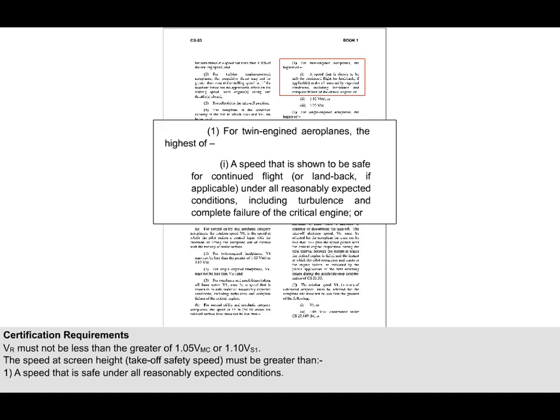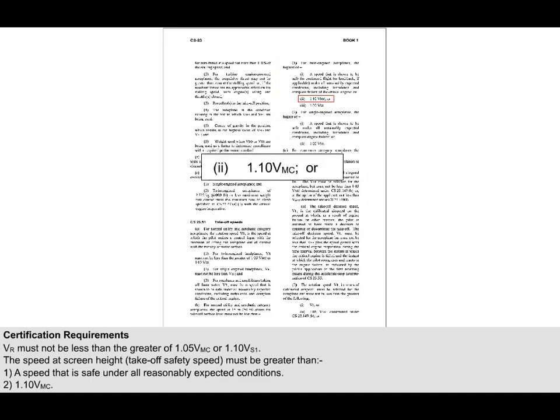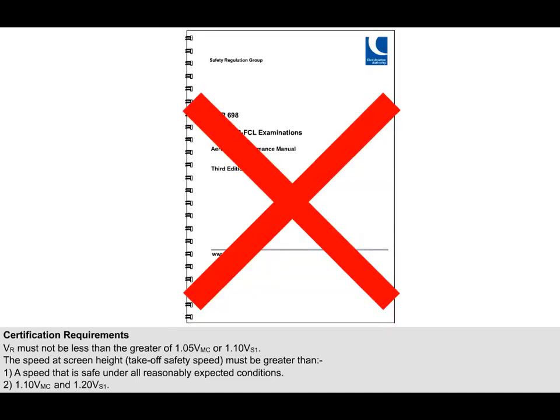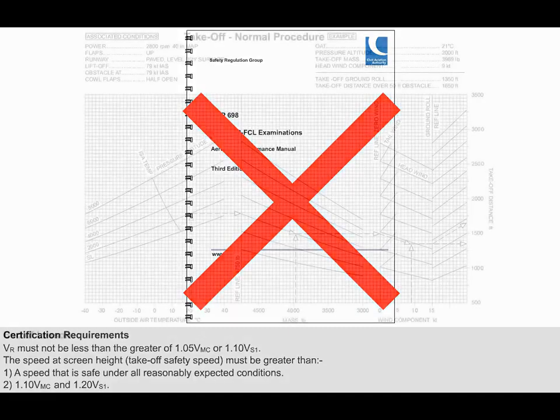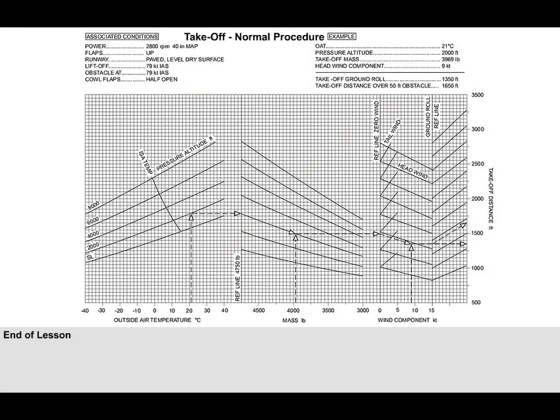Firstly, a speed that is shown to be safe for continued flight under all reasonably expected conditions, including turbulence and complete engine failure. Secondly, 1.1 VMC, and thirdly, 1.2 VS1. The certification regulations concerning VR and the takeoff safety speed are not found in CAP 698 and therefore must be committed to memory. This completes the lesson on the takeoff for Class B multi-engine aeroplanes.